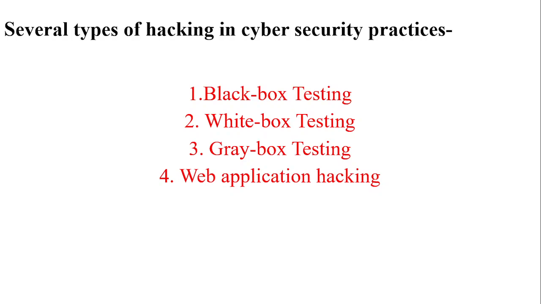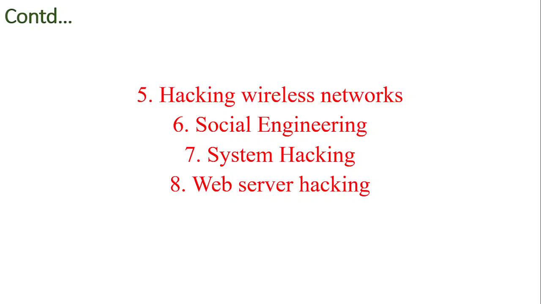Next is web application hacking. Here, it is the process of exploiting security vulnerabilities or weaknesses in web-based applications. Right? One example is cross-site scripting, which involves injecting malicious code into a website's HTML. The fifth one is hacking wireless networks.